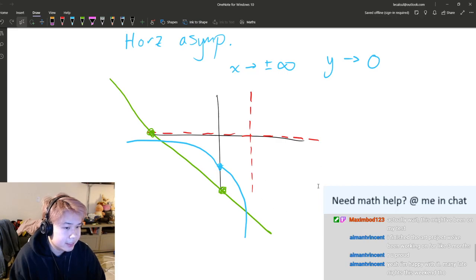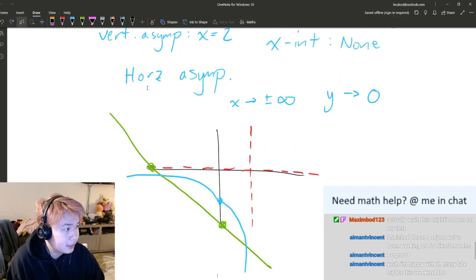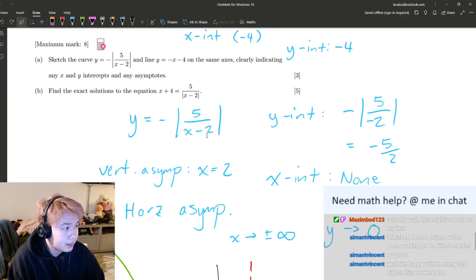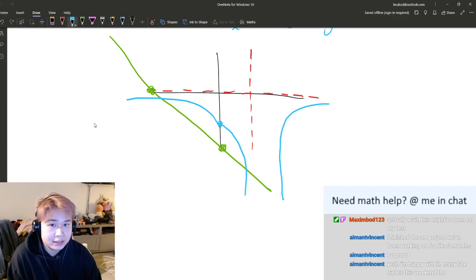And then over on the other side, you have to make a decision whether it goes like this or like this. But that's easy to see if you look at the actual equation itself. This part is always positive, but then it will always be multiplied by a negative. So your range is always negative. So it's gotta look like this.